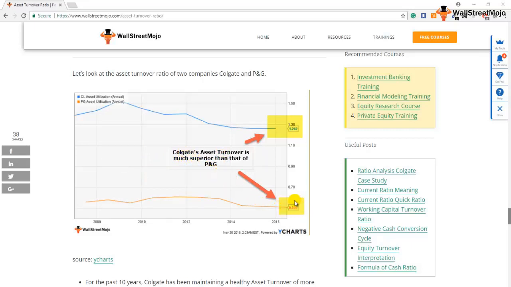So P&G's asset turnover ratio is 0.509. However, Colgate's asset turnover ratio is 1.262. So where does Nestle lie? Nestle lies somewhere here at the level of 0.70. So if you look at the industry, it's slightly doing better than P&G, but it is way below Colgate.